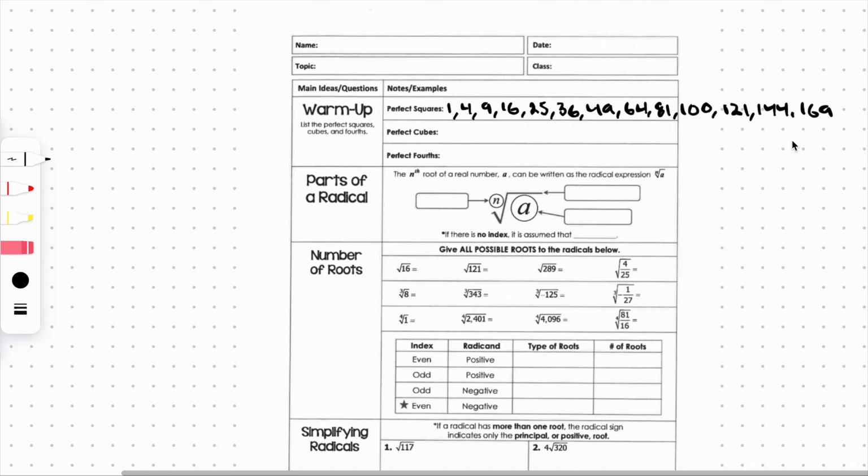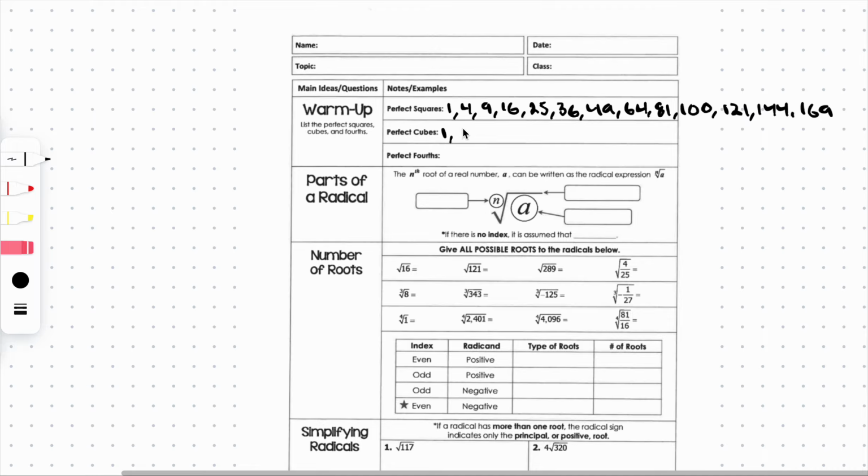Okay, so now we have perfect cubes. So cubes means numbers that we get when we multiply a number by itself 3 times. So essentially we do 1 times 1 times 1.